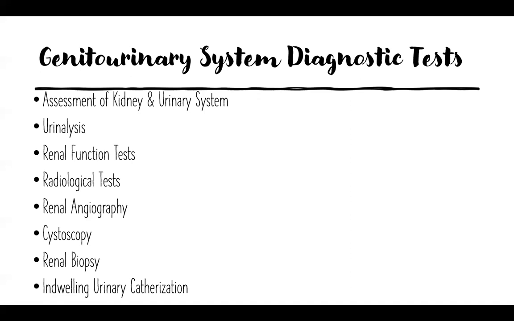So there's probably going to be several tests over a period of time for your patient with this renal condition. So we're looking at the BUN, which is the blood urea nitrogen, and an increased BUN may indicate a number of things.